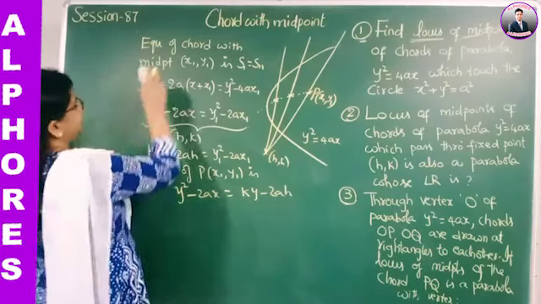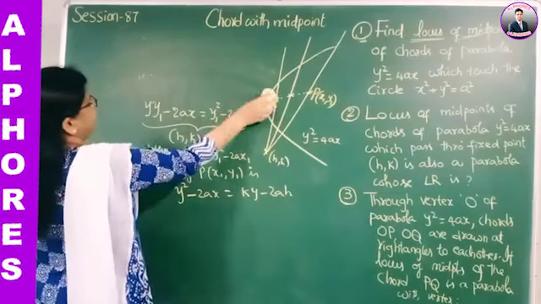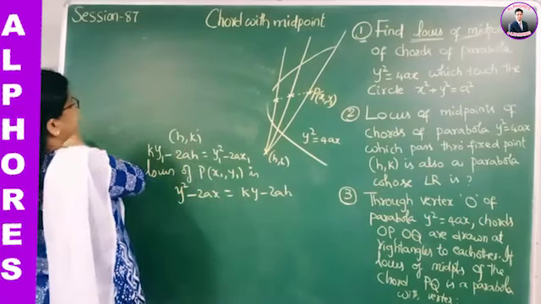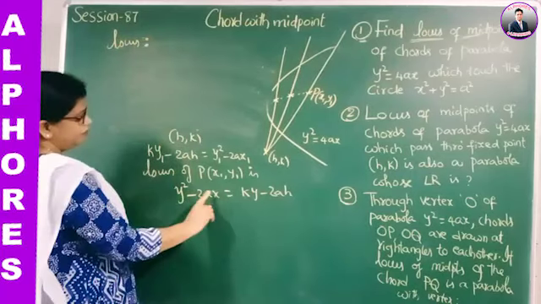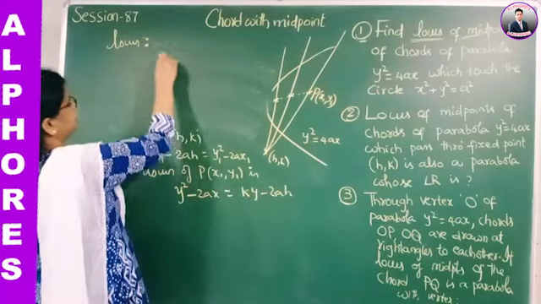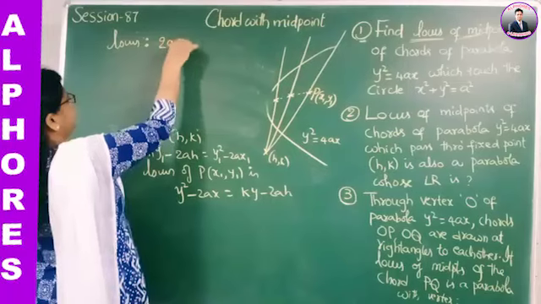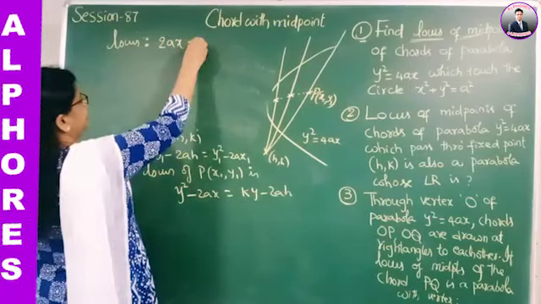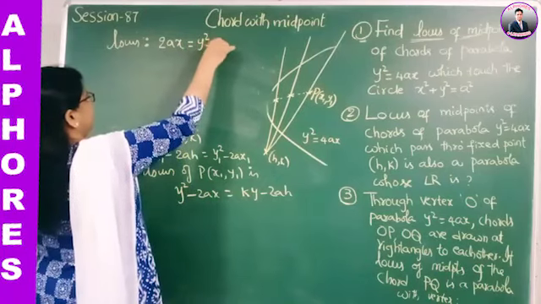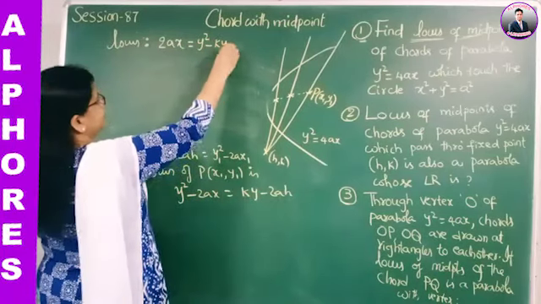The equation of the chord is now the locus, so the locus value we got is: sending 2ax to that side, 2ax = y² minus ky plus 2ah.